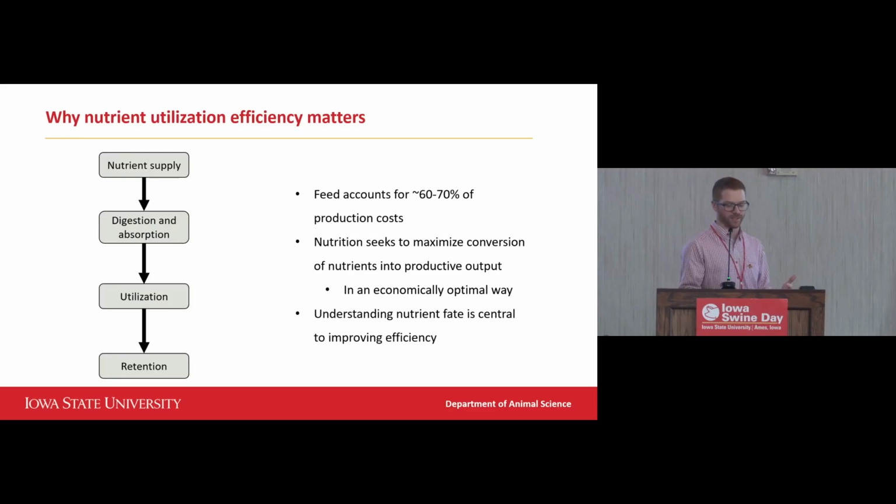And so ultimately understanding nutrient fate, so where it's going in that pathway, is really pivotal when we're trying to improve nutrient utilization efficiency. And so when we think about this pathway, we can probably relate to a lot of these steps, right? At least us nutritionists in the group.